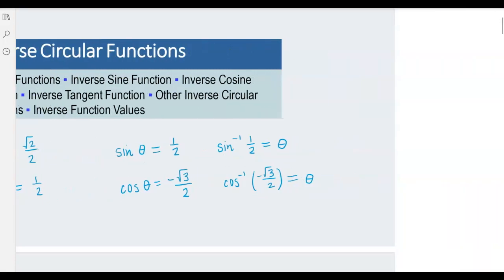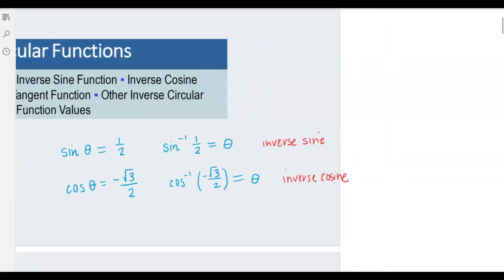This is called the inverse sine or the inverse cosine. Another way that you'll sometimes see it written in books is arc sine and arc cosine. What is the arc length associated with that particular value?